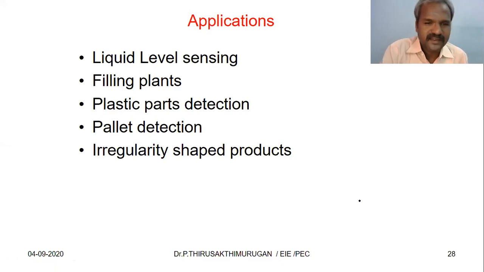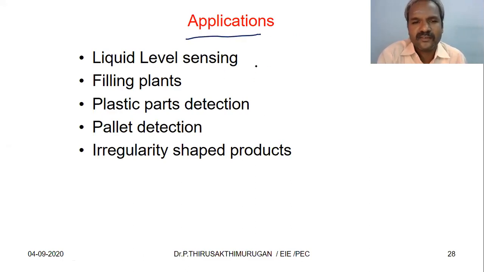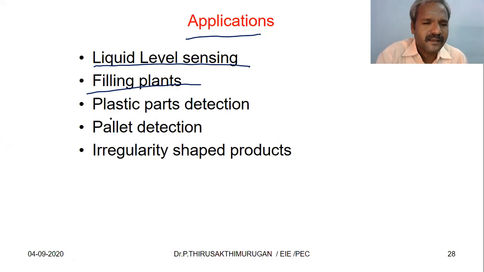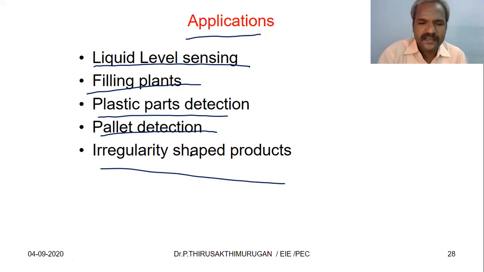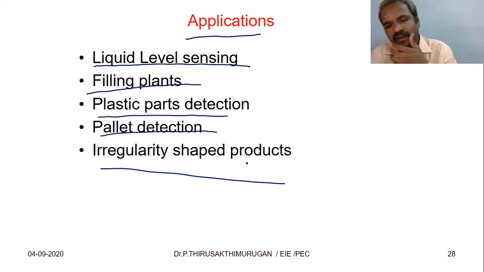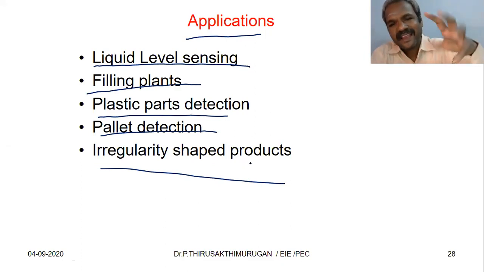The applications of both inductive and capacitive transducers are liquid level sensing, filling plants, plastic parts detection, pallet detection, then irregularity in shapes, that is cracks as well as faults.